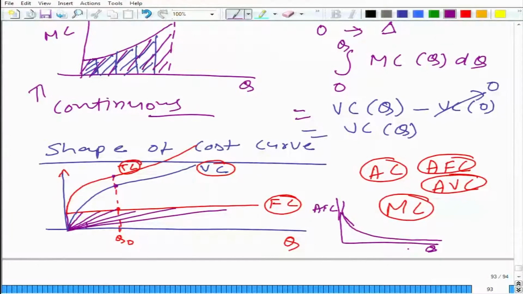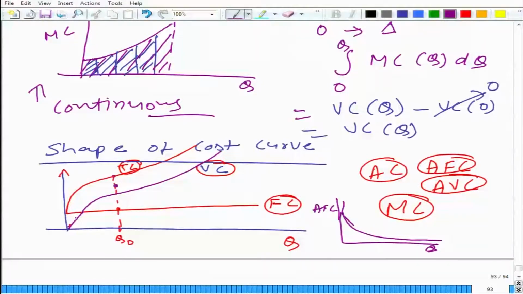Now, similarly, we can identify average variable cost and average total cost.